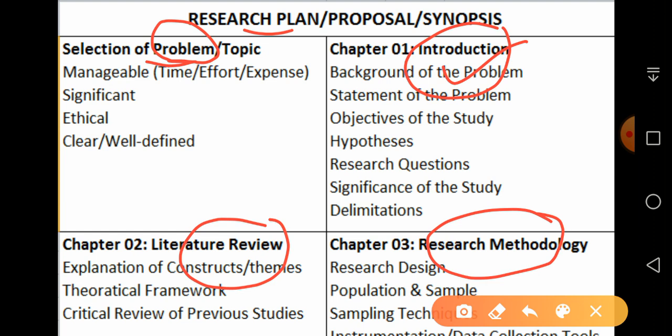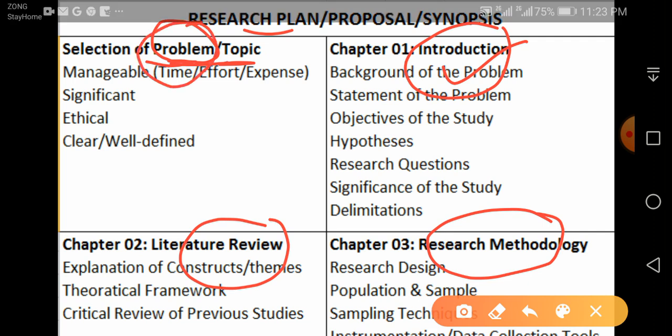So proposal means the student mentions that he or she is going to research such and such a problem, and mentions that this will be the population, this will be the sample size, and this will be the data collection tool, etc. Each and everything has to be stated in future tense, using future forms.